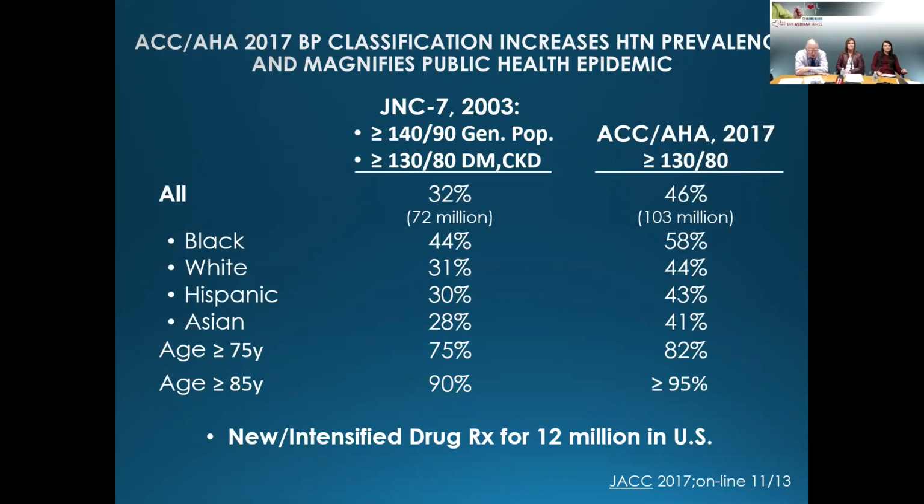That is 72 million to 103 million American adults. And these new prevalence levels differ according to race and age, as you see listed on the slide. However, as we'll discuss a little bit later, this guideline suggests either new or intensified drug therapy for only 12 million more persons in the United States. Not a lot.